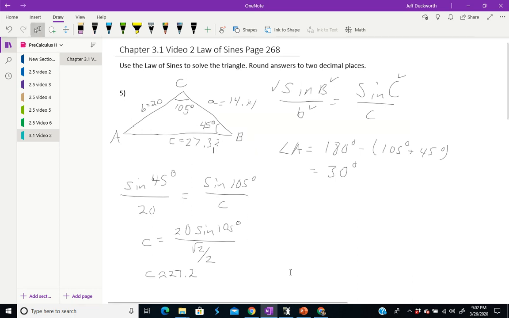Hold on. Well, I probably wrote it in wrong down below, but this is what I had on my calculator. And then this angle here, we've calculated to be 30 degrees. So now you can see the triangle is completely solved. We've got all three angles, we've got all three sides, and we are done with the problem.